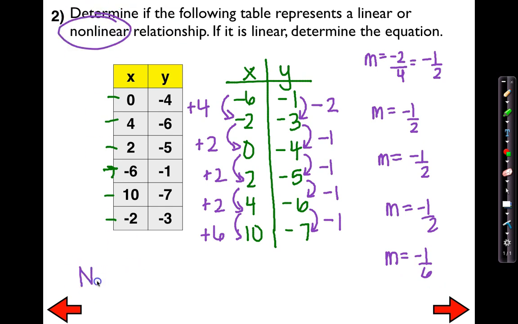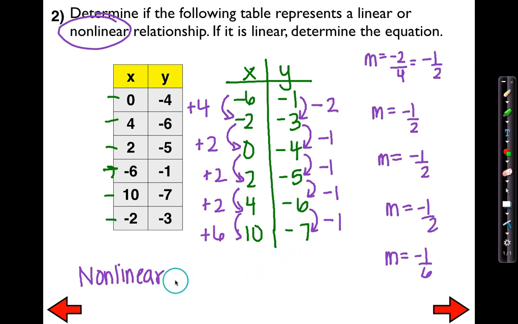Notice they didn't ask us for any further details if it was nonlinear, but I do want to talk about something. It is nonlinear. Now, if you look very closely, we could technically describe it. It's not asking us to, but we could still do that. I notice it is nonlinear, and in fact, I notice all the values were decreasing.